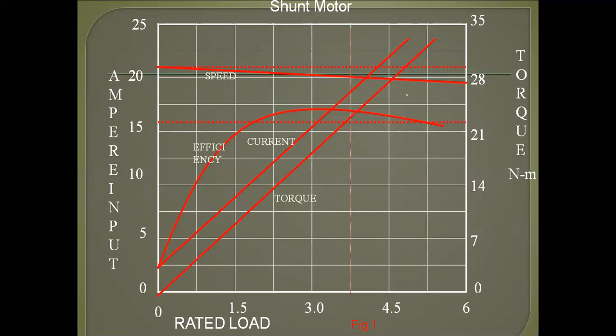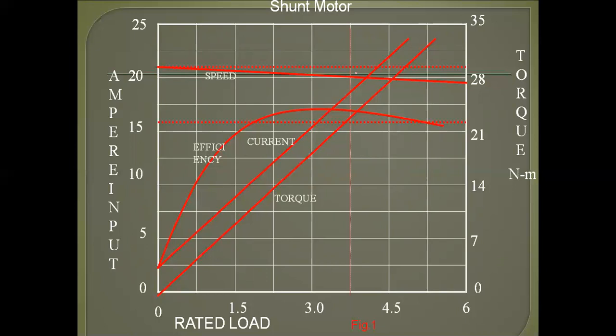Thus, the drop in speed from no load to full load is very small, and for all practical purposes, the DC shunt motor is taken as a constant speed motor.